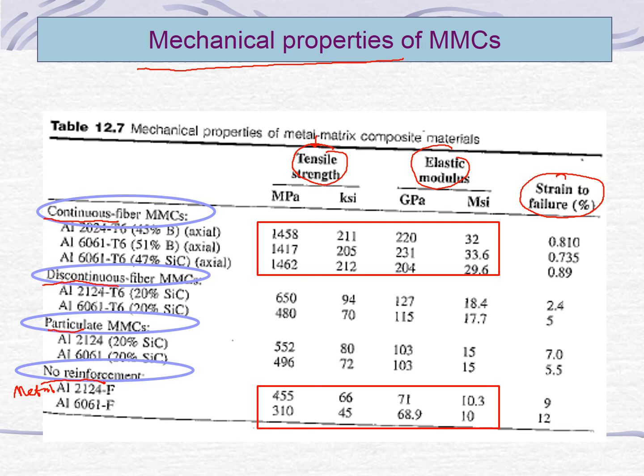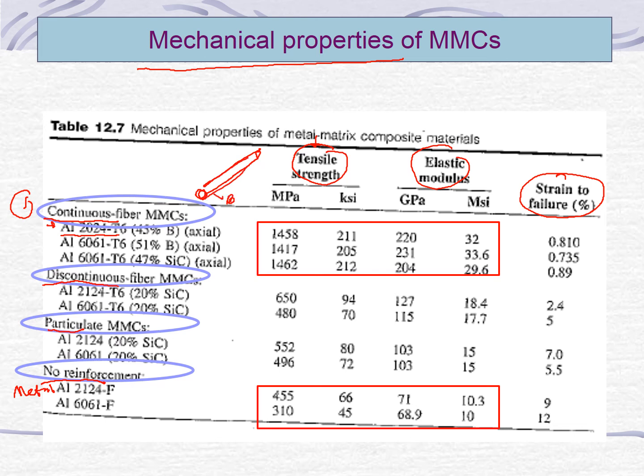The first one is the continuous fiber MMC, with long fibers. The example here is aluminium 2024-T6 in brackets 45% boron, meaning that the reinforcement, this continuous fiber, is boron.